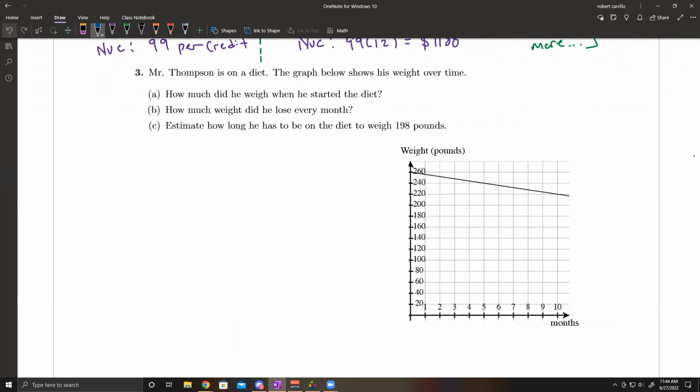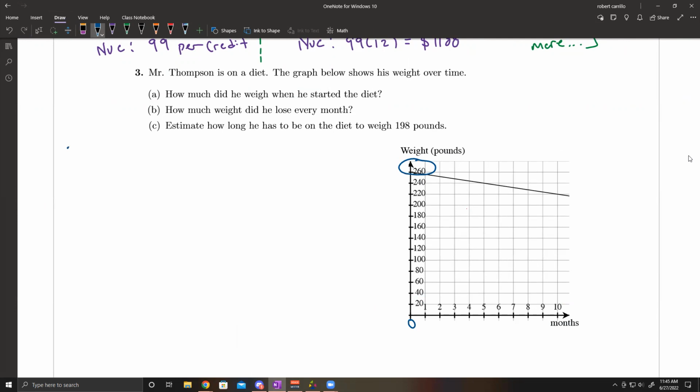At 0 months, Mr. Thompson started out at 260 pounds.